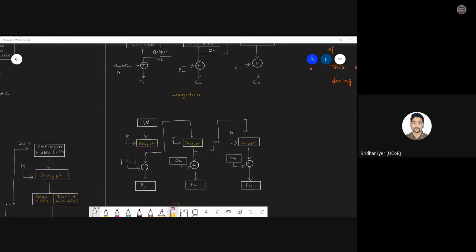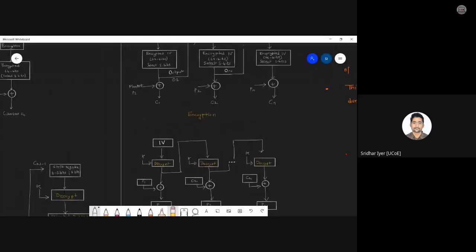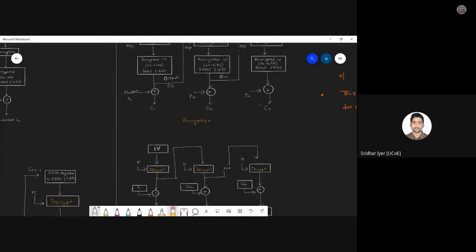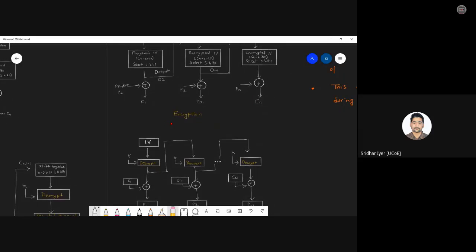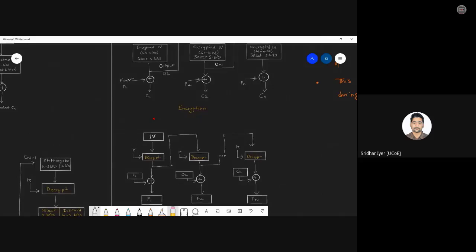Because we are not XORing the S bits anymore. We are simply sending them as an input to the next round. So we simply need to take the output of this step and XOR it with the cipher text. We will get the plain text. Am I clear? So we don't need to worry about the S box and so on, because ultimately you will get those values only.